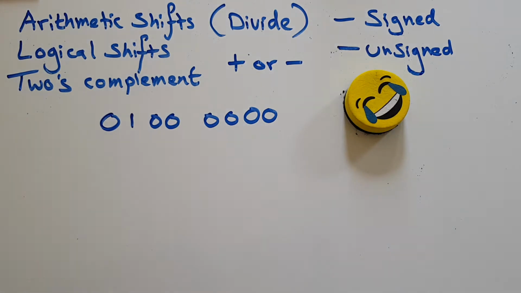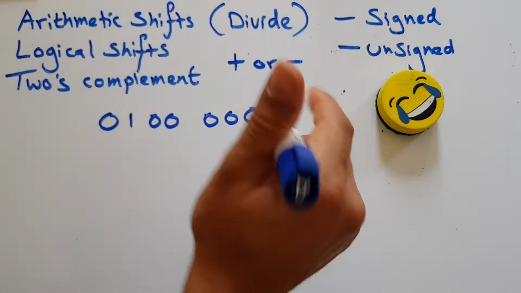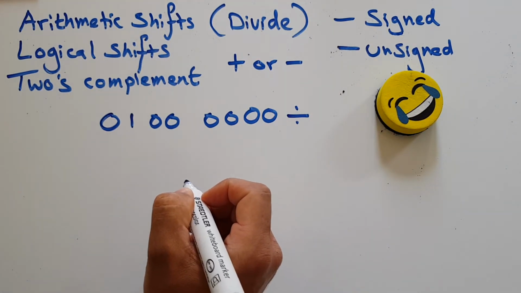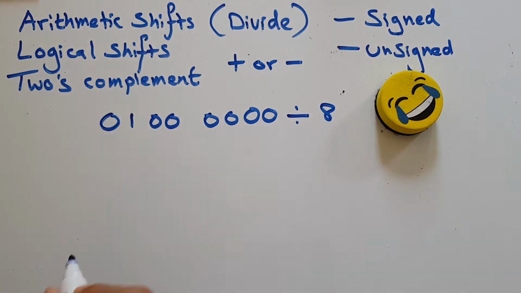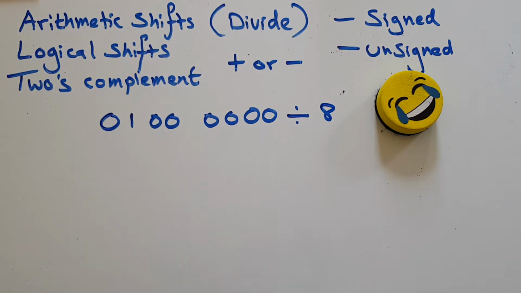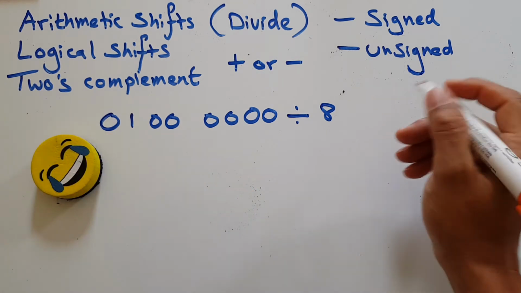So, let's perform an arithmetic shift on this number. Let's say we want to divide it by 8. Okay, so how do we do that? Well, first I need to know what 8 is as a power of 2.